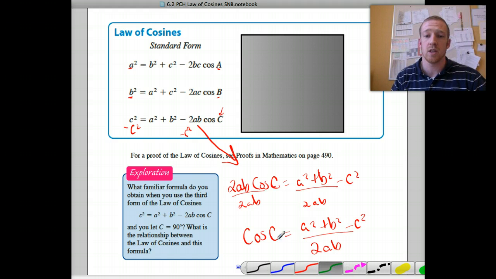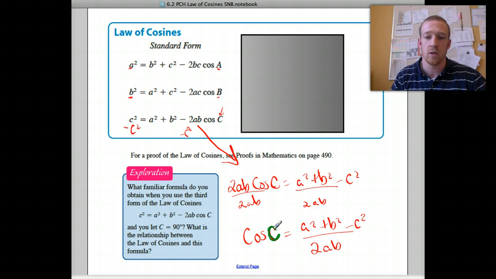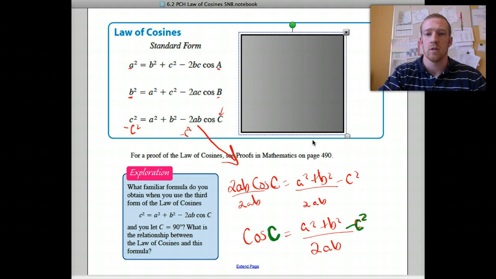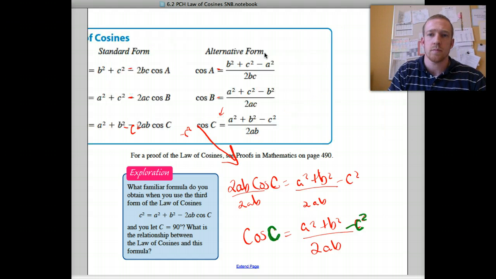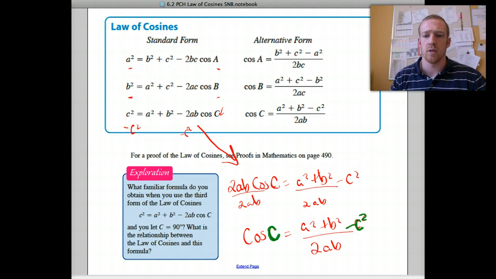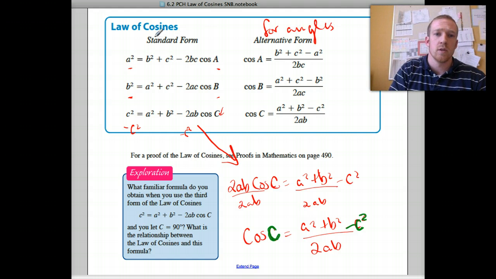So notice if it's C that we're looking for, C is our angle, and C is the minus squared over here. And then it's a squared, b squared, and ab here. And similarly, you can get an alternative form for each of the other formulas. Alright, so if we're looking for an angle, we use this. If we're looking for a side, we use this.